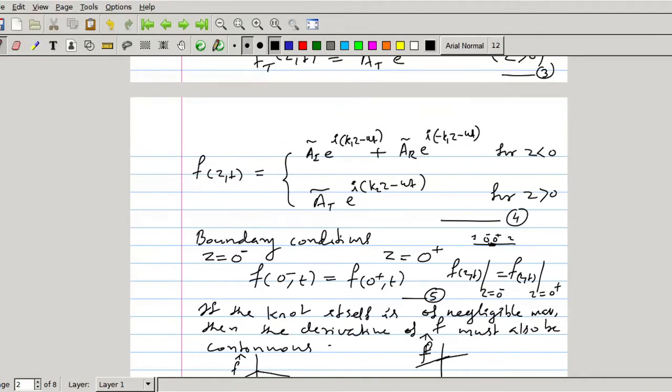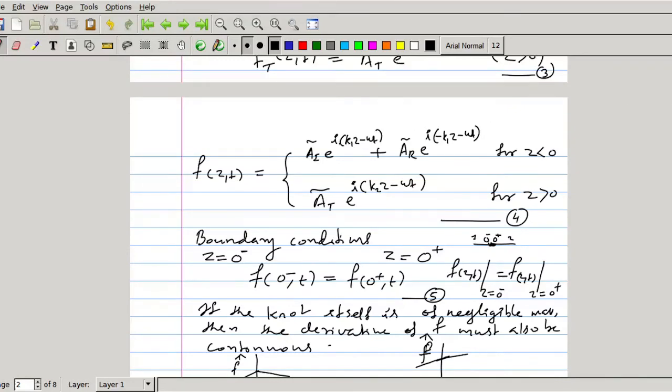At z equal to 0, this one should be the same as this one. So equate the wave function at z less than 0 with the wave function at z greater than 0 by substituting z equal to 0. At the boundary, these two should be equal.